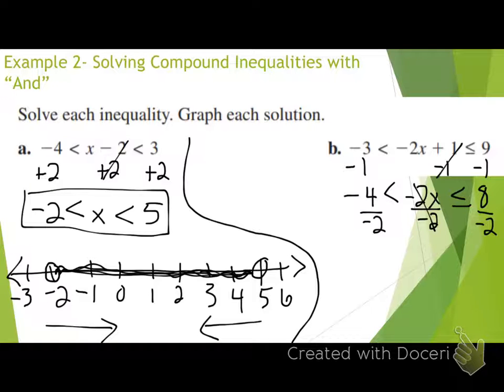Negative 4 divided by negative 2 is 2. Got x in the middle. 8 divided by negative 2 is negative 4. And Steve, what would I have to do here? Flip all the signs. Because I divided by a negative all the way around, I've got to flip all my inequality symbols. Everyone okay with that?